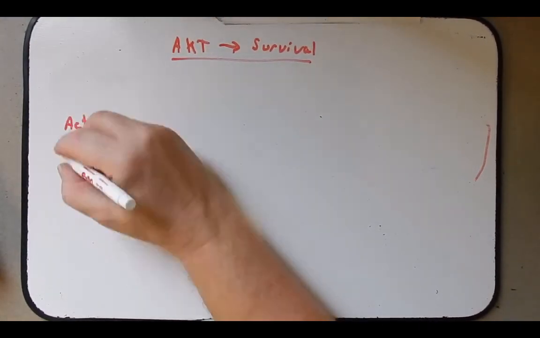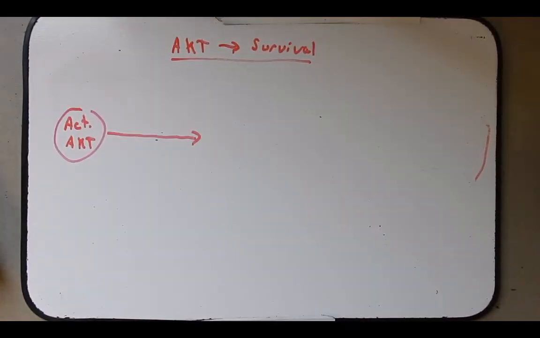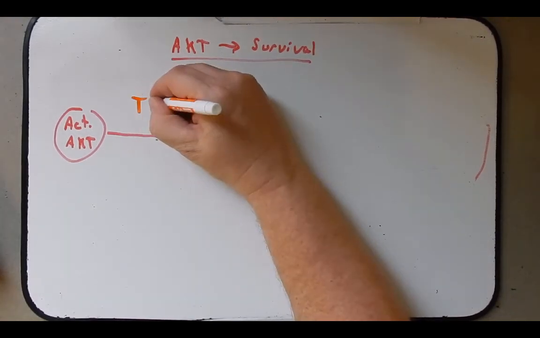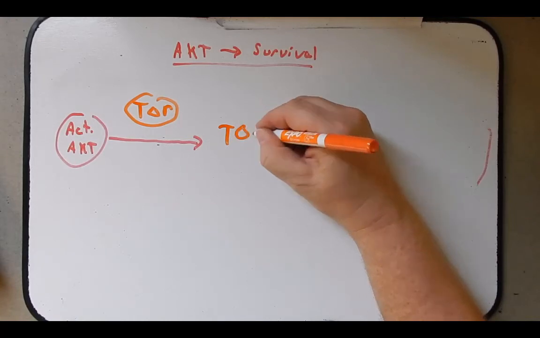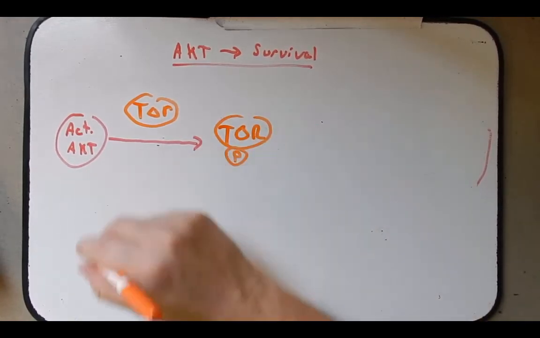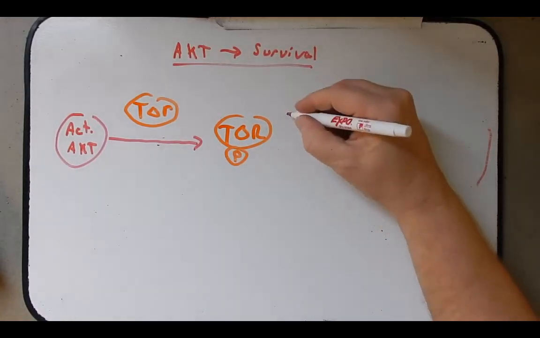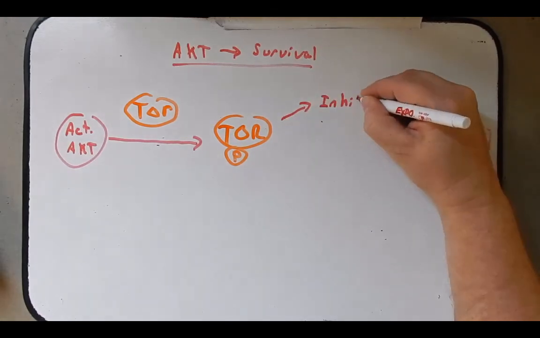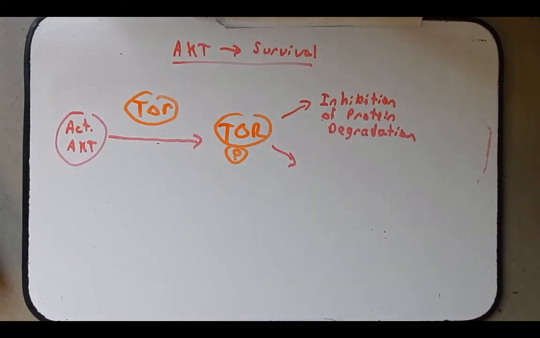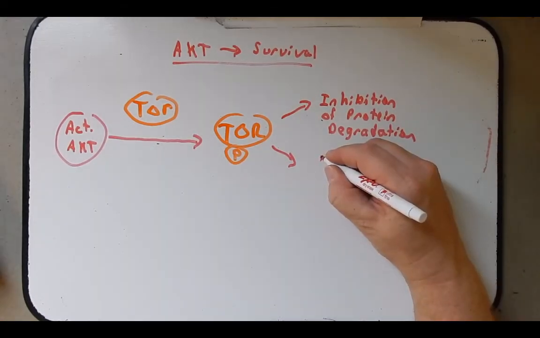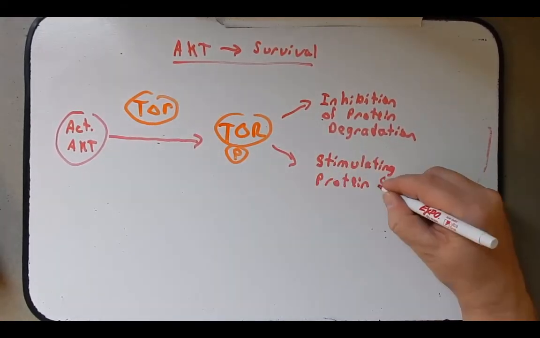So activated AKT can activate a protein called TOR, T-O-R. So when TOR is activated by being phosphorylated by AKT, TOR will activate several pathways that lead to inhibition of protein degradation, and another pathway involved in stimulating protein synthesis.